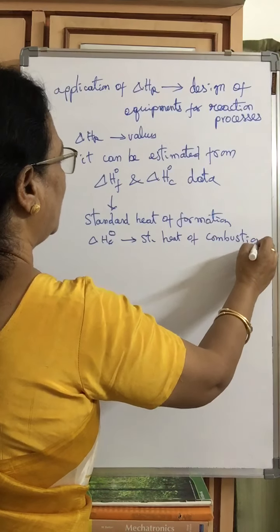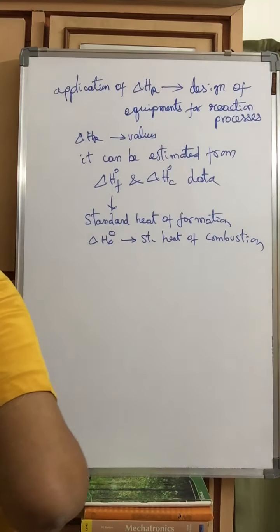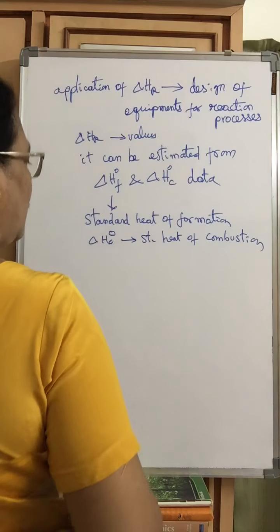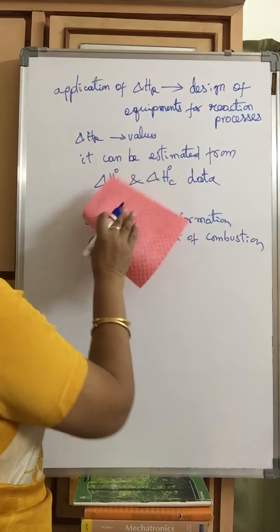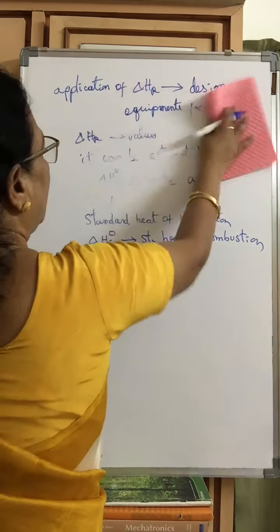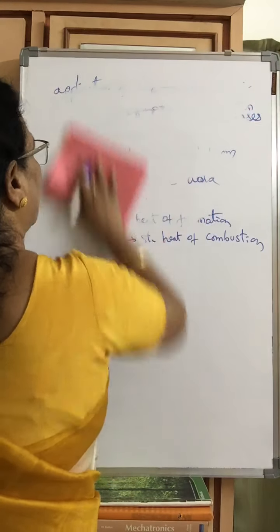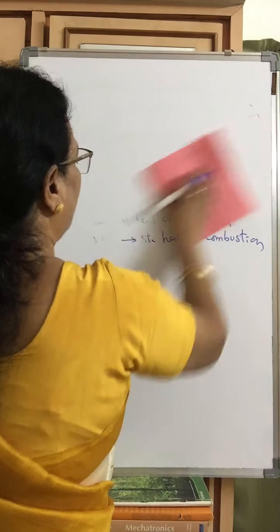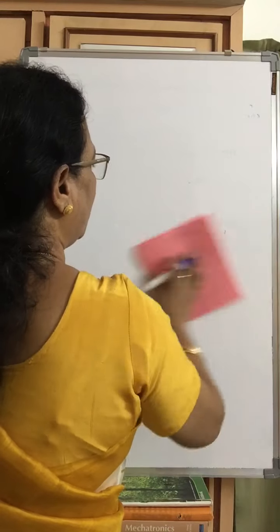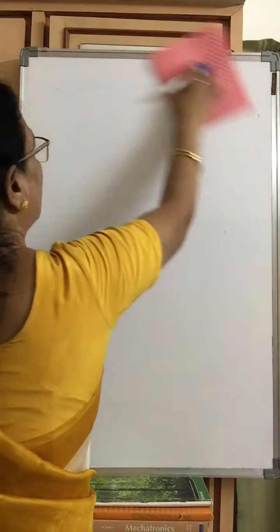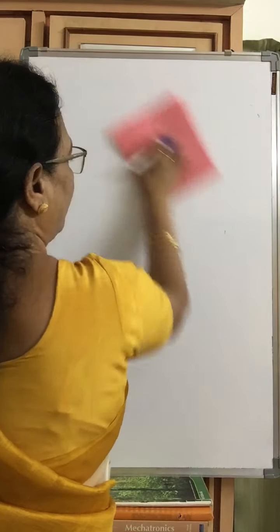So using this data, we can estimate or calculate these delta HR values, that is heat of reaction values. So heat of reaction we will understand using an example.